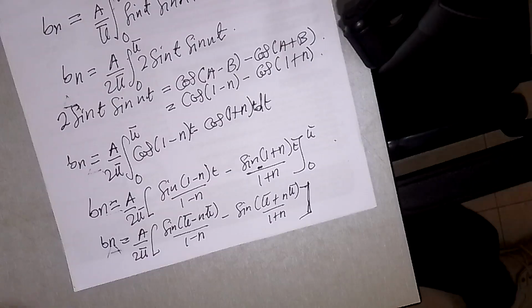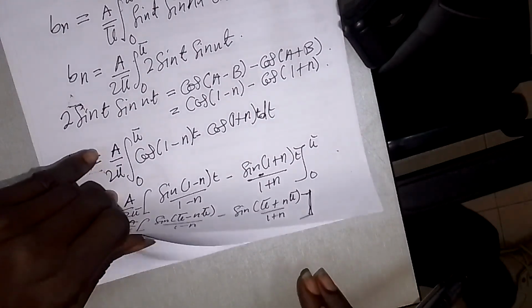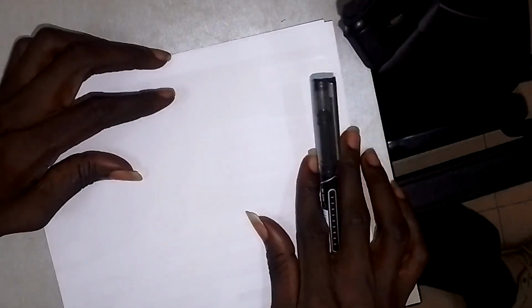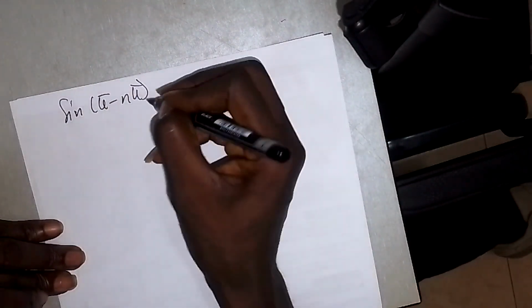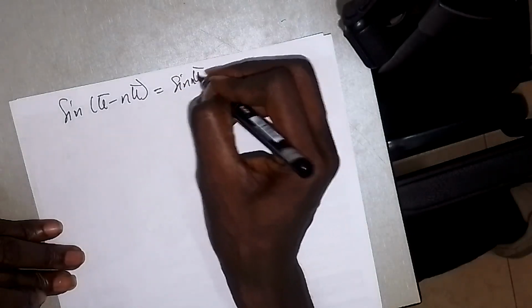Now there is something we have to remember, very similar to what we have with respect to the cos. Whenever we have sine(pi minus n pi), it is equal to sine pi cos n pi minus cos pi sine n pi.